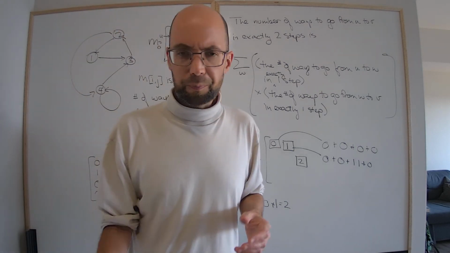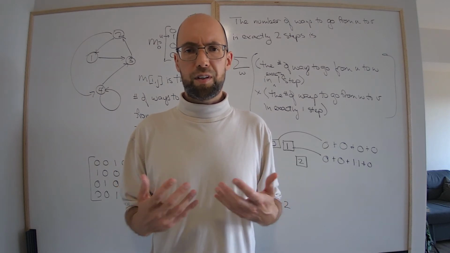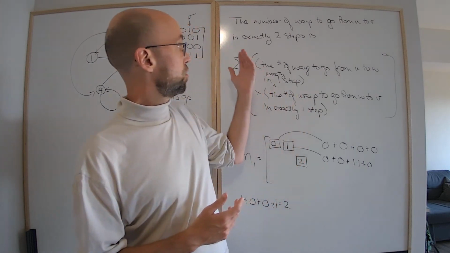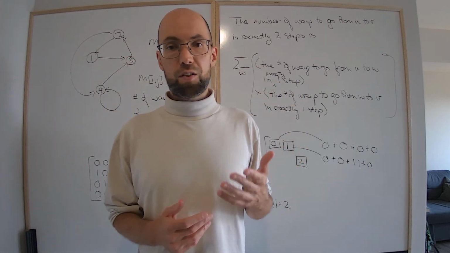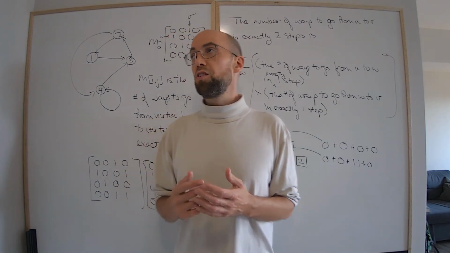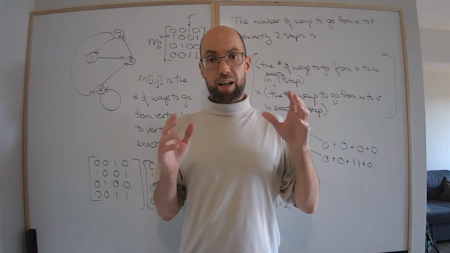So how do you count the number of ways to go from each vertex U to each vertex V in 8 steps? Well, you take the matrix, which is M0, and then you multiply it by itself and get M1.